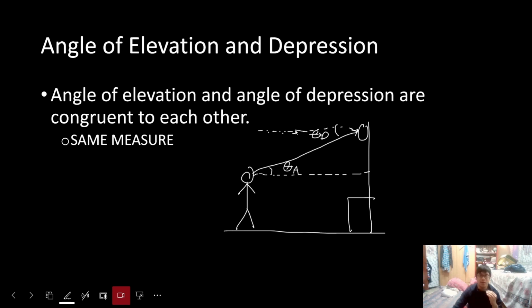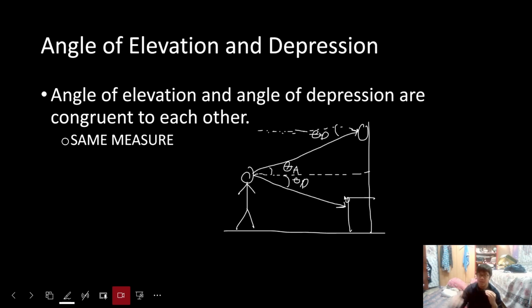Previously, we also tilted our eyes or head just to look at the box. So you have an angle of depression here because it's below the horizontal line. But what about an angle of elevation to the box?